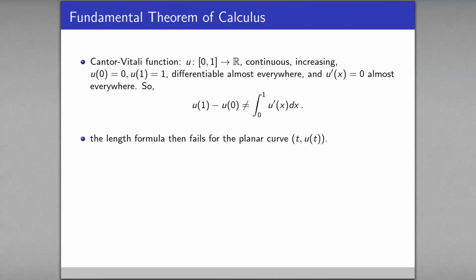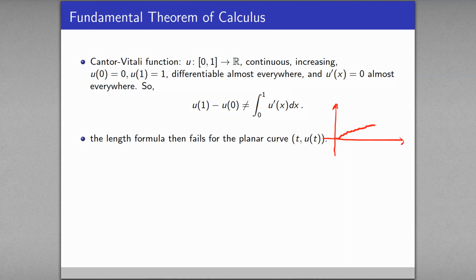So the graph of the Cantor-Vitali function, it's difficult to draw, but I will try. So it's something like this. It increases, but you never see when exactly. And this t maps to gamma(t), traveling along the graph of this function. And if you write both sides of the length formula from the previous slide, they will not match.